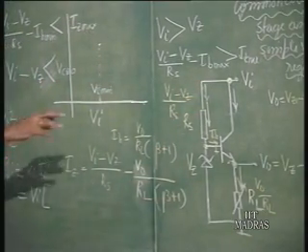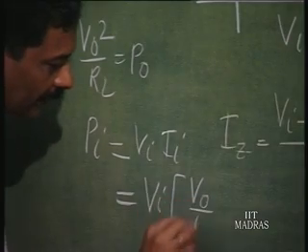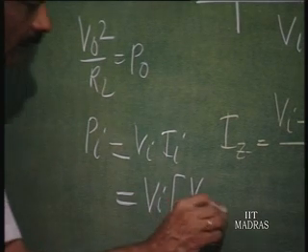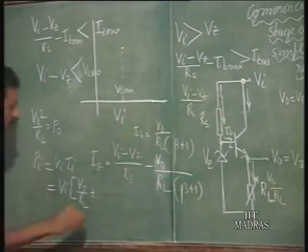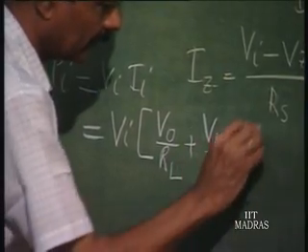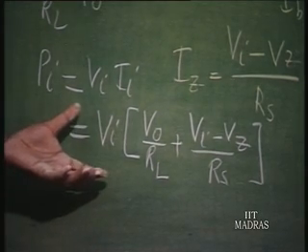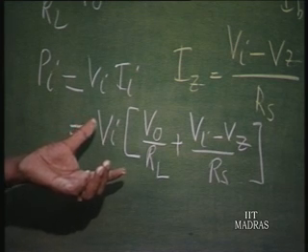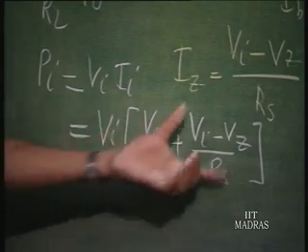This current is very nearly equal to V_naught by R_L, plus this current, which is (V_I minus V_z) by R_s.